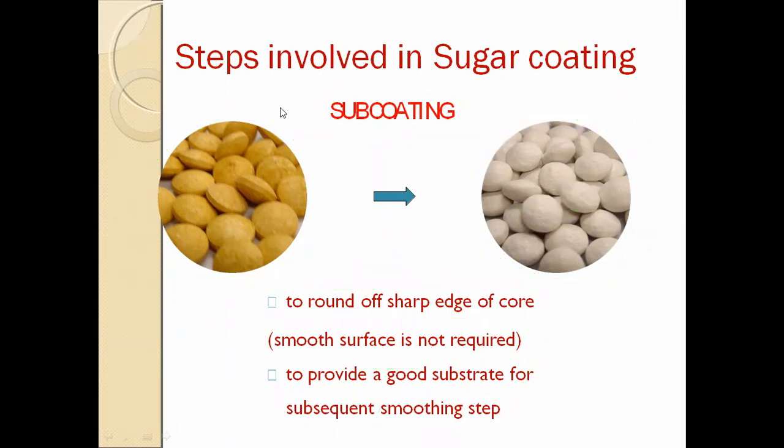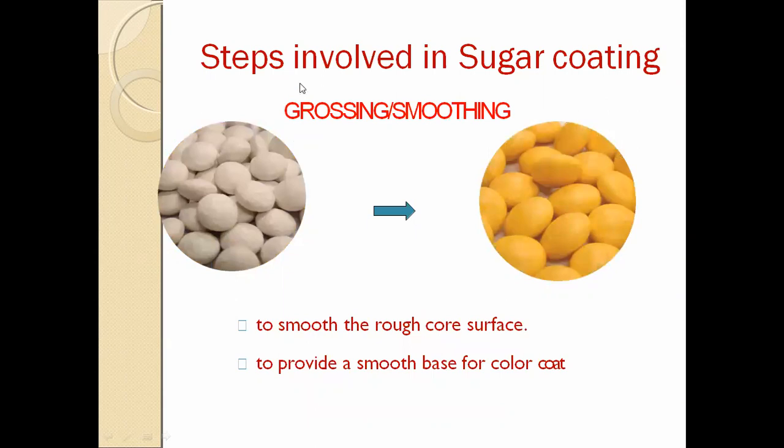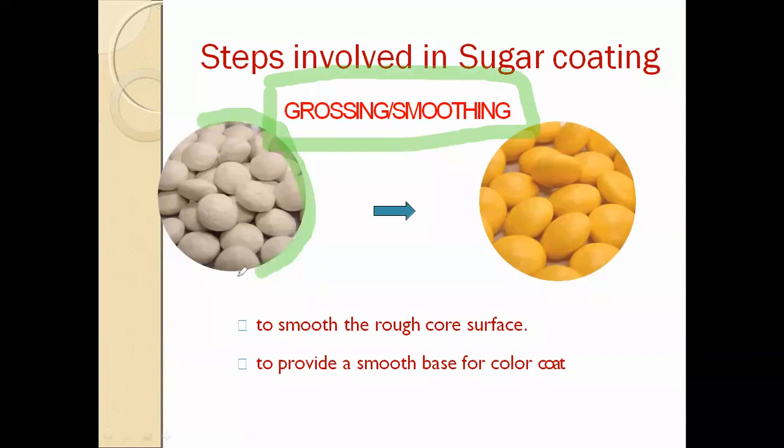Now moving further, the third step is glossing or smoothing. To whatever we have applied in the second step, you go on to apply glossing or smoothing. This is done to smooth the rough core surface.